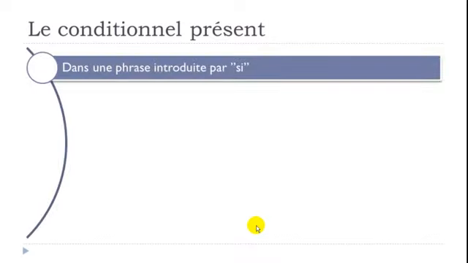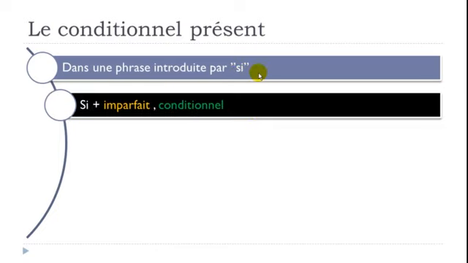Another use of this conditionnel présent is if you want to construct a sentence, like in English, for instance, with this if. Okay? So if in French is si. And then the rule is quite strict in French. If you start with this if, si, then it should be followed by the imperfect form.